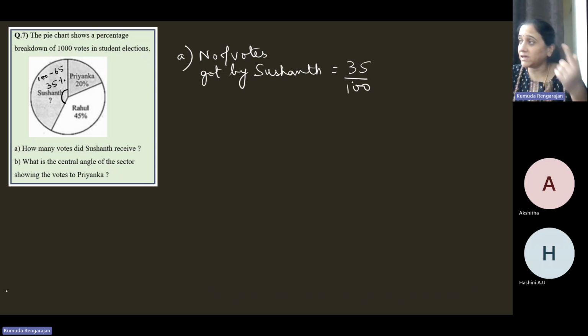If you're writing an angle, it is by 360 degrees. If it is 35%, then you should not write 360 degrees.